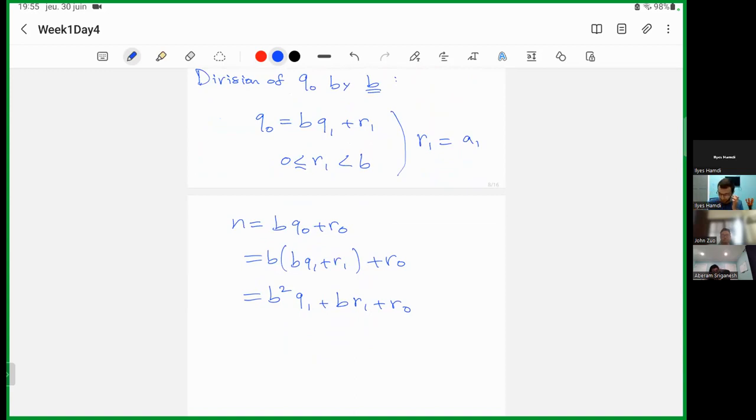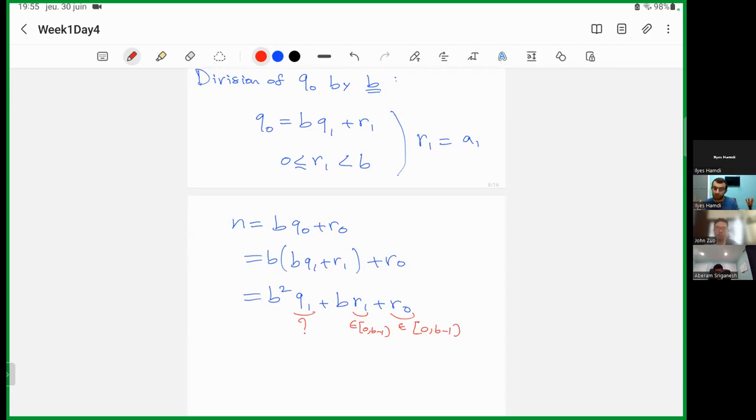So here, R0 is between 0 and B minus 1, right? R1 is also between 0 and B minus 1. But Q1, I don't know, right? Because Q1 has no specific condition.